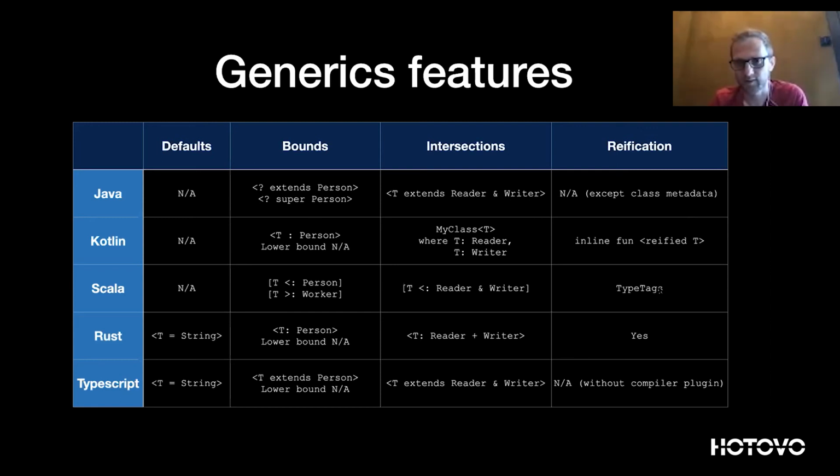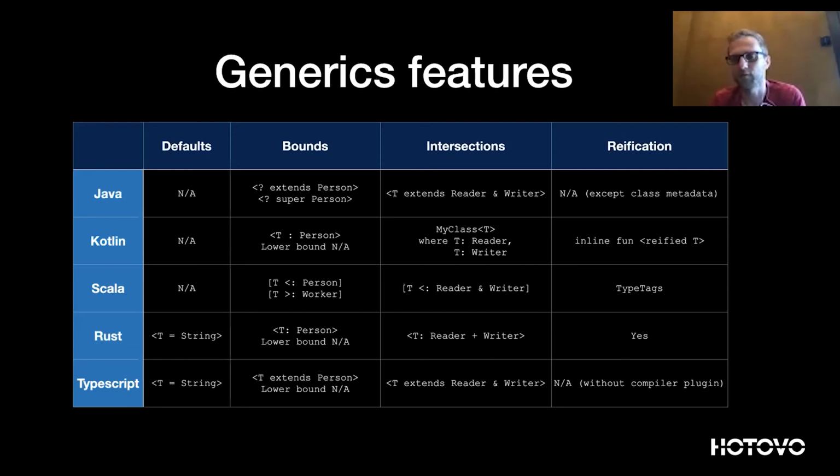Scala has special type tags. If I pass the type tag to a function, then it can hold that information about the type T. Rust does support reification because it's actually doing what generics try to avoid: it produces an implementation for each type it's called with.